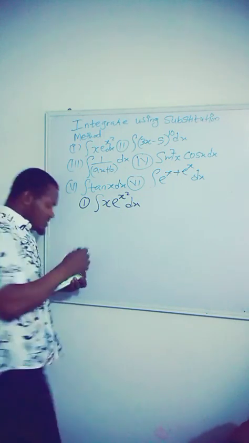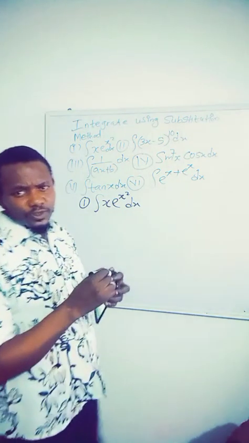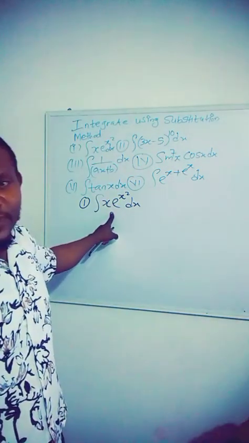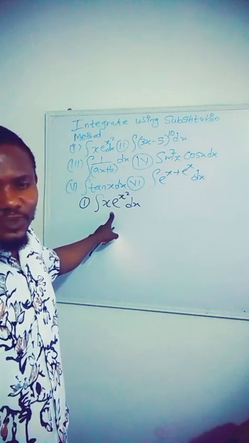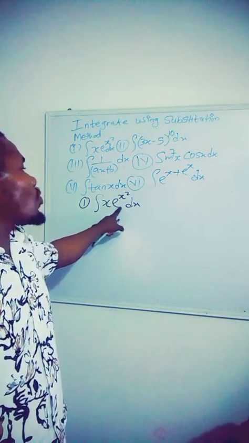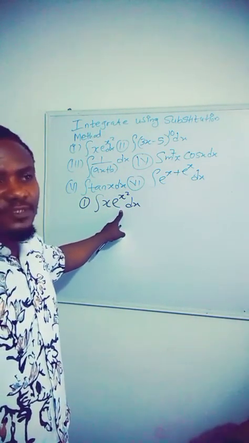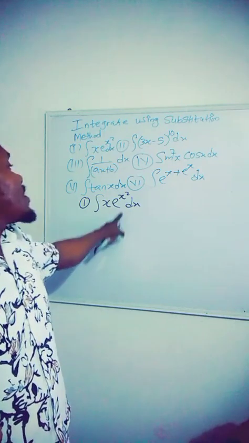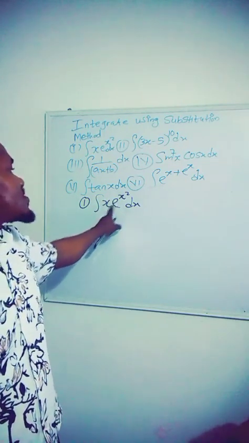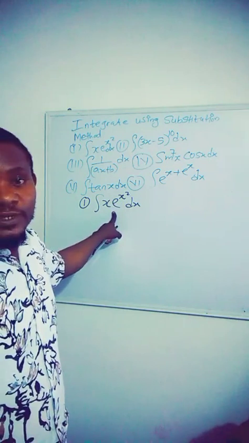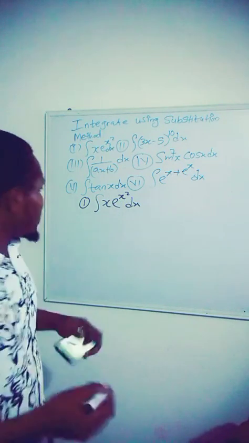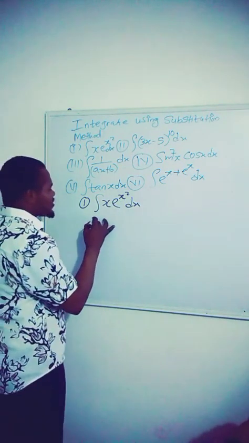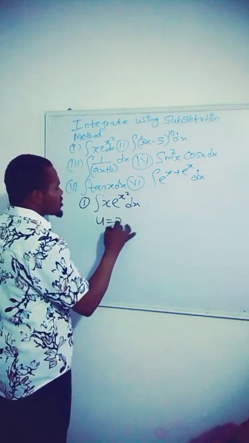Whenever you want to integrate using substitution, you need to pick one variable and say let it equal to one of the terms, then continue from there. So let our u equal x squared.